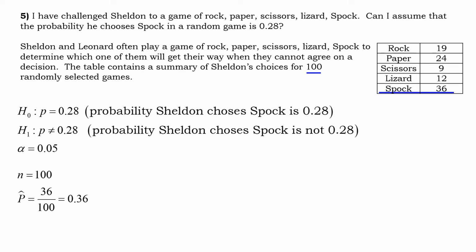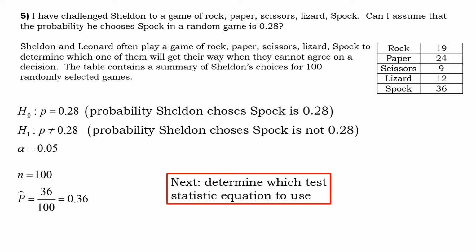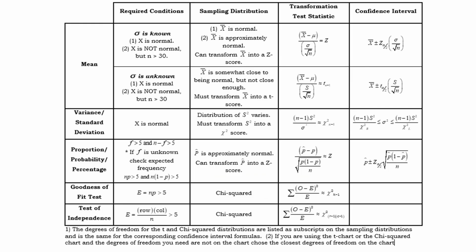So it's all right for me to use the decimal version here. It's not going to create rounding error. Now, in a previous proportion example and future ones, we left the fraction alone because we did not want to round. Again, here I'm not rounding, so we're okay. So now that we know what we're trying to prove and the evidence we have to attempt to prove it with, as always, we go pick our equation, we hit our formula chart.